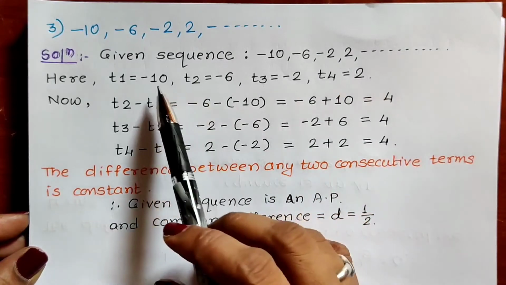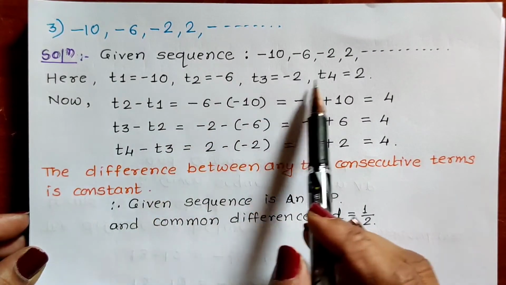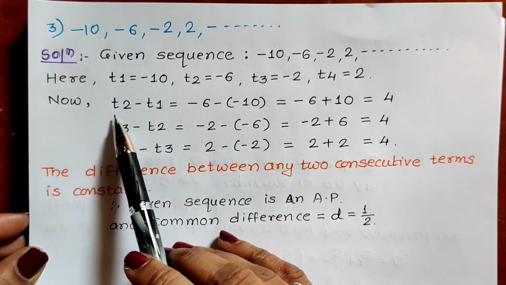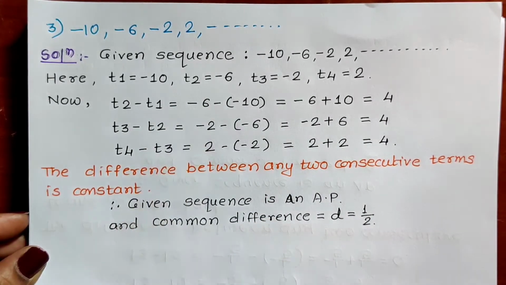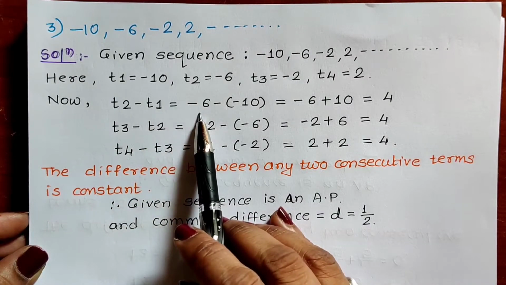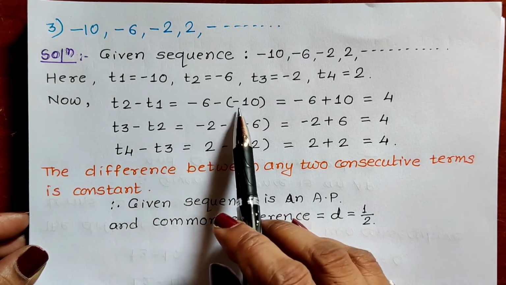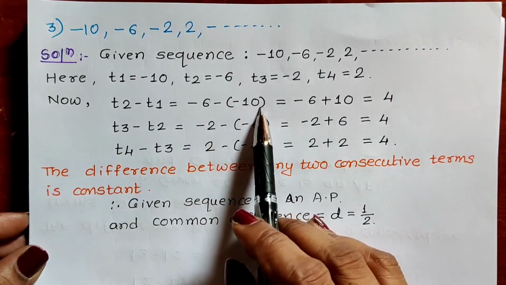Now after writing the given sequence, what we have to write? Terms T1, T2, T3, T4, and then we will do the subtraction between two consecutive terms. So first we have done T2 minus T1. T2 is minus 6 minus T1 is minus 10. So it is minus 10, that's why I have put it inside the bracket.